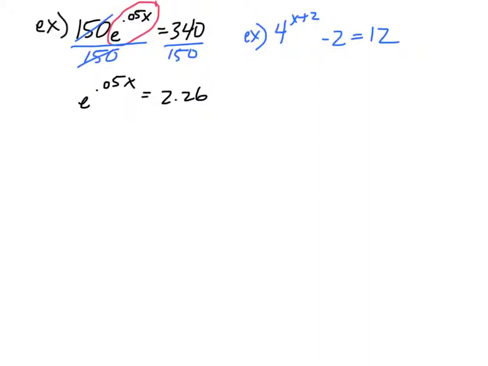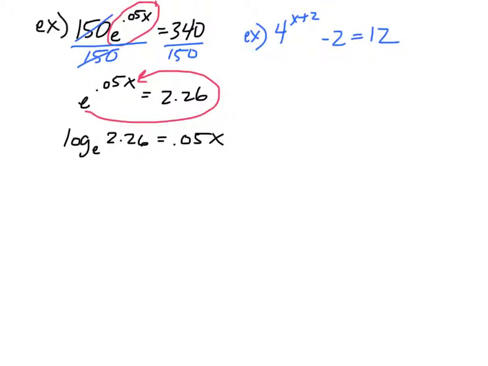Now that I have the exponential by itself, I'm ready to do the loop. So start with the base, go around. Alright, so we have log base e of 2.26 equals 0.05x. But hold on, log base e, what is this?